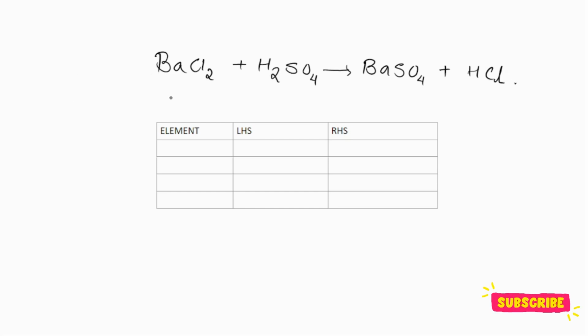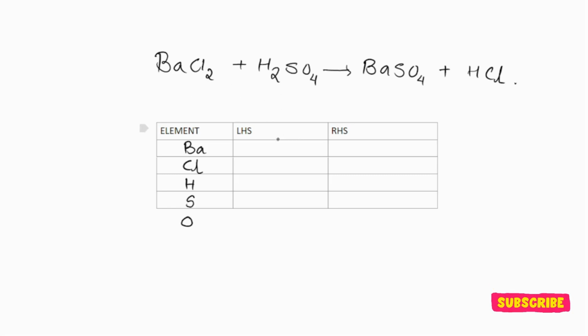So now let us write down the elements. Elements are barium, then chlorine, then hydrogen, then we have sulfur and oxygen.